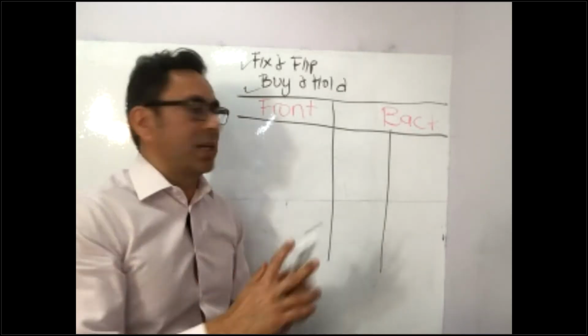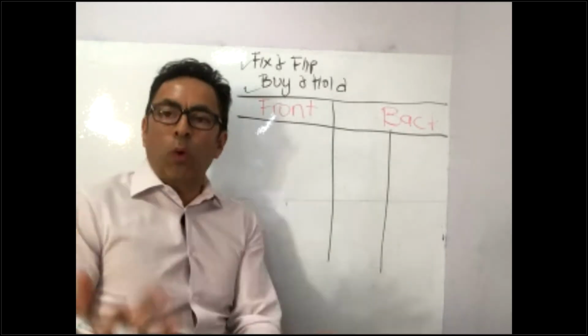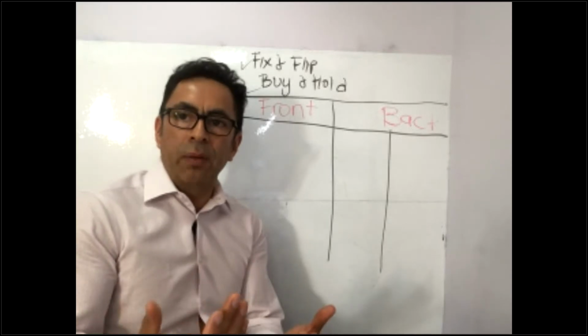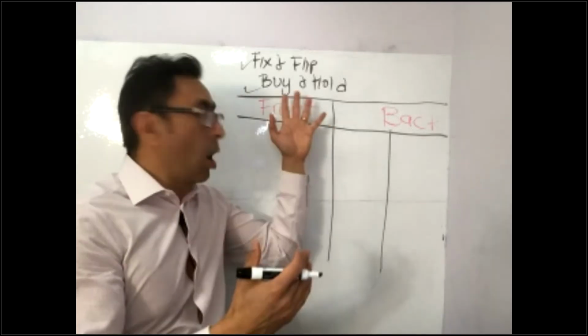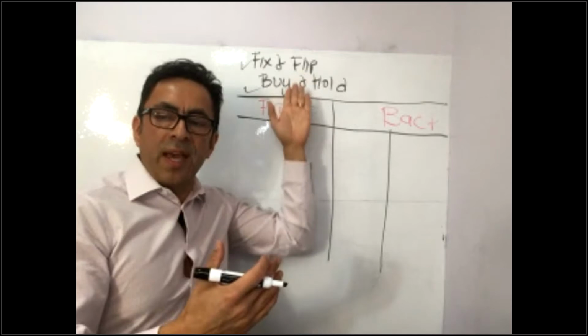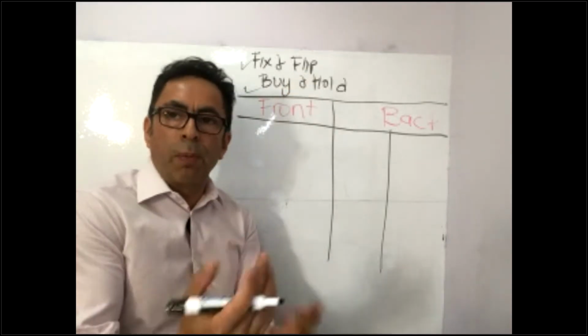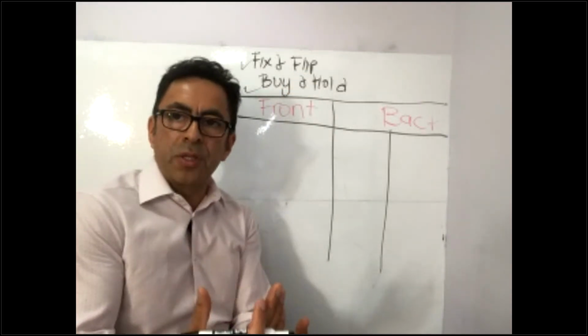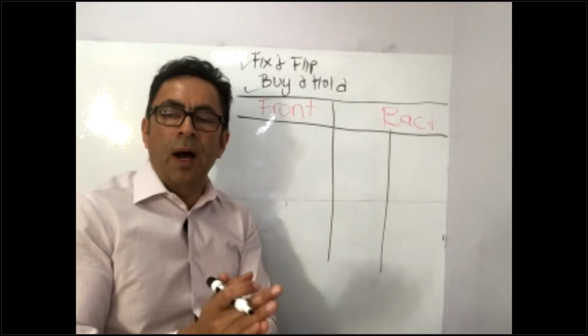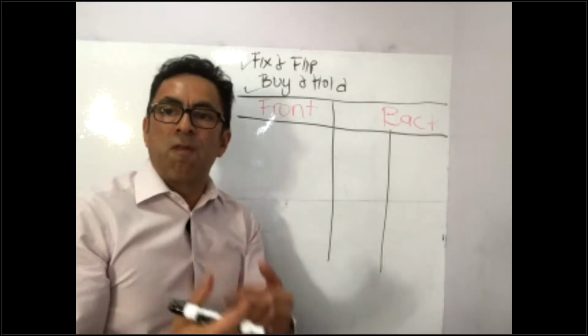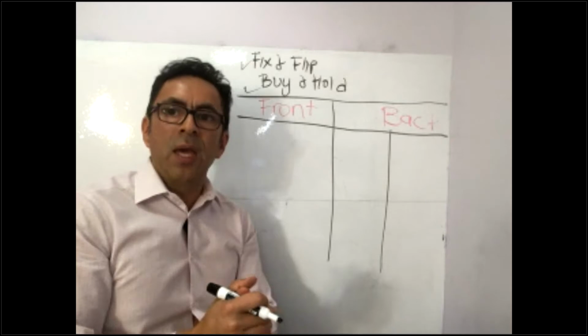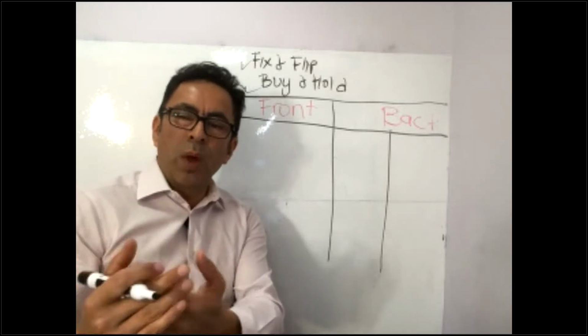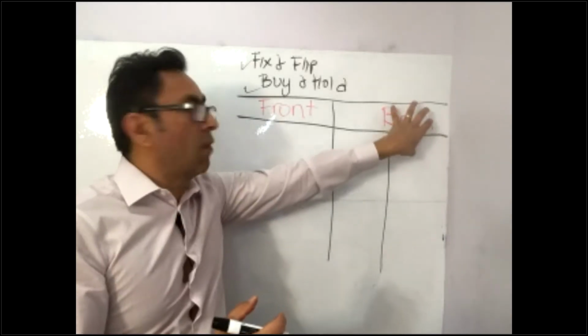What we mean by this is the front end is acquisition, right? How do you buy the property in the first place? The properties that we're going to be targeting for these exit strategies are primarily distressed, off-market properties that have a big spread for the numbers to make sense, okay? We're going to talk about what numbers make sense when we cover the back end, okay?